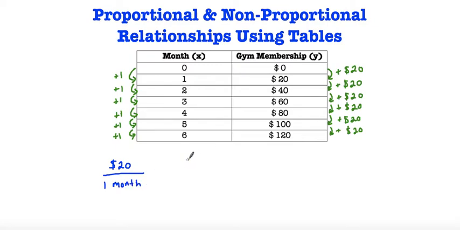So after 2 months, our gym membership is $40. So $40 for 2 months. After 3 months, it's $60. So $60 for 3 months. After 4 months, it's $80.